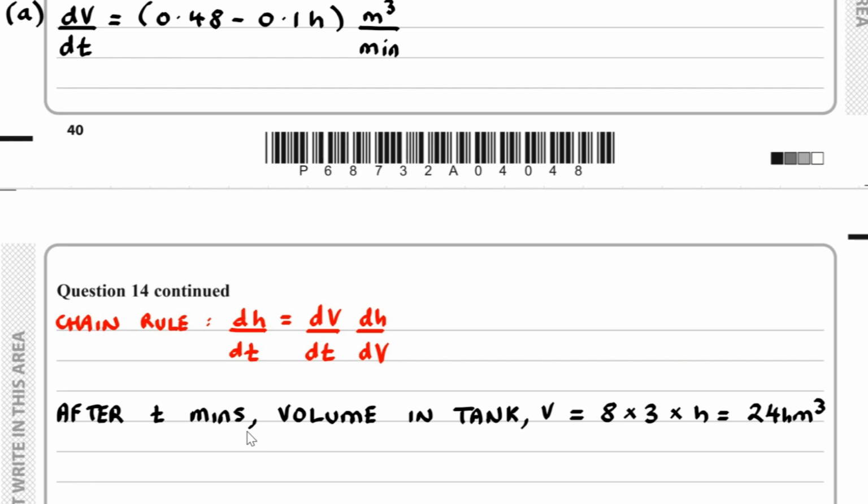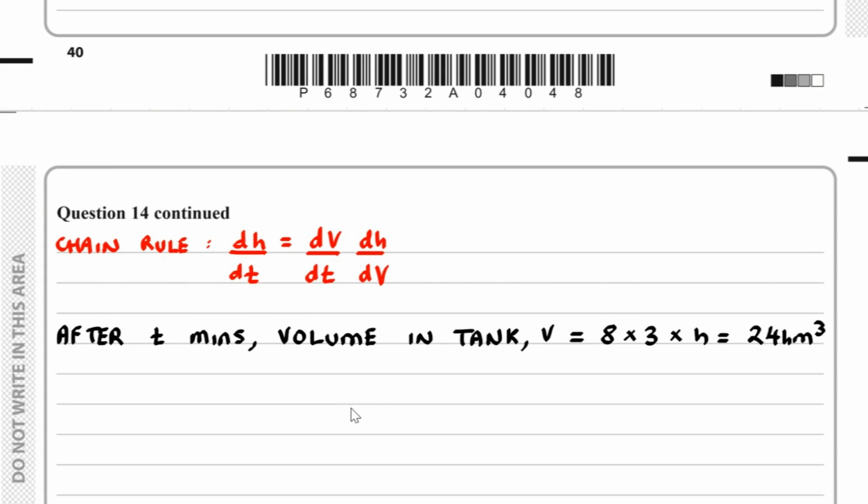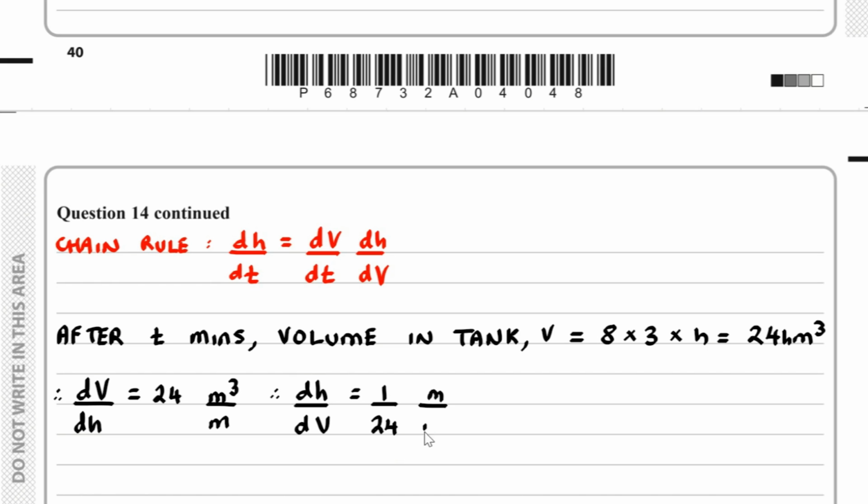Therefore the rate of change of volume with respect to the depth, dV over dh, is equal to 24 meters cubed per meter. And so dh over dV is equal to 1 over 24 meters per meter cubed.